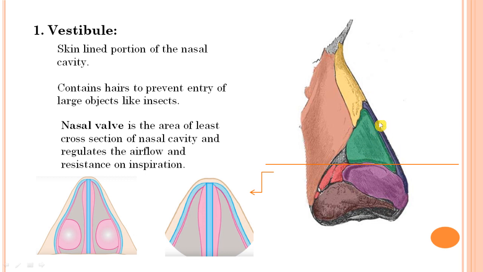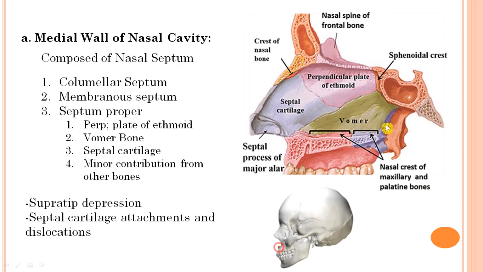So if there is any deformity of the septal cartilage, if there is a dislocation of it, such as occurring in trauma, you face a deformity. So that was all about the medial wall of the nasal cavity. We have talked about the supratip depression as well, and the septal cartilage attachments and its dislocation.